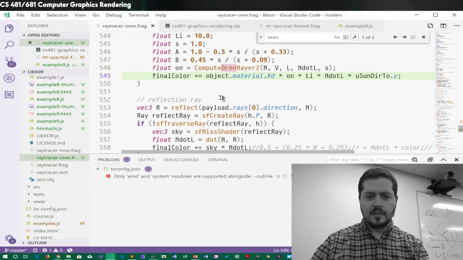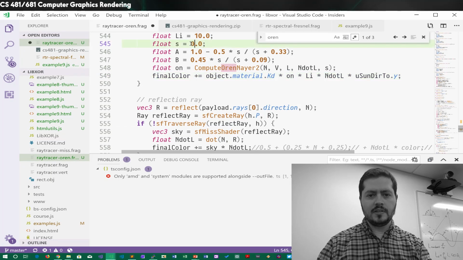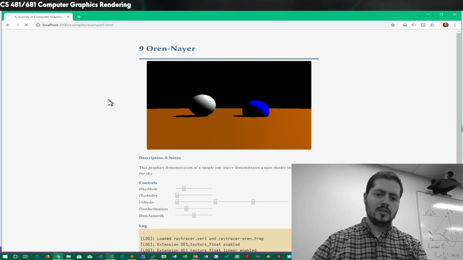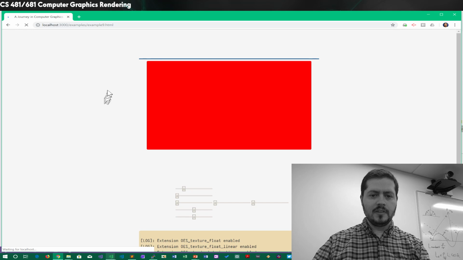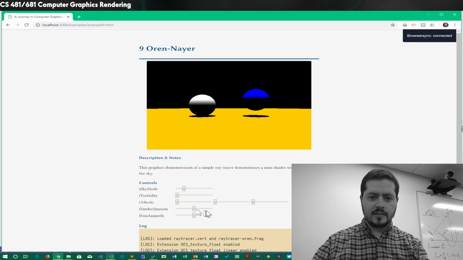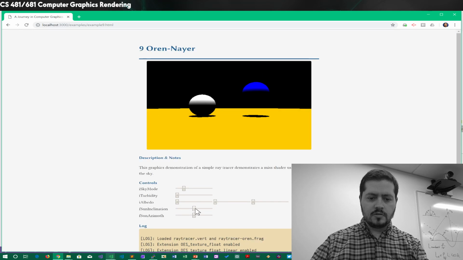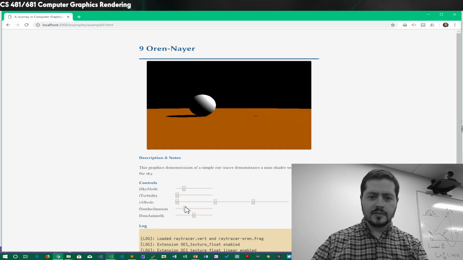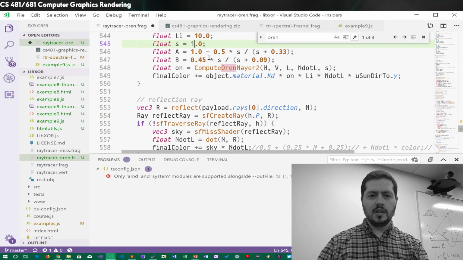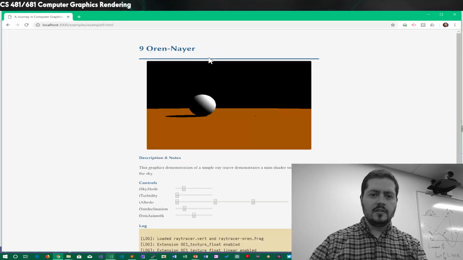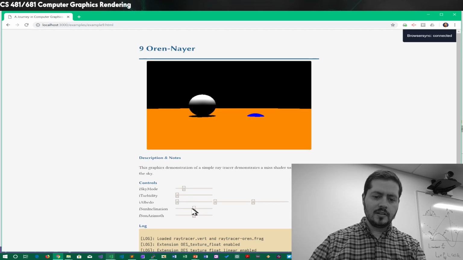Okay, and if we have s equal to 0, then we will technically get the original model back, which is what we have. And if we set s equal to 1, then we should have what I like to call a dustier surface.